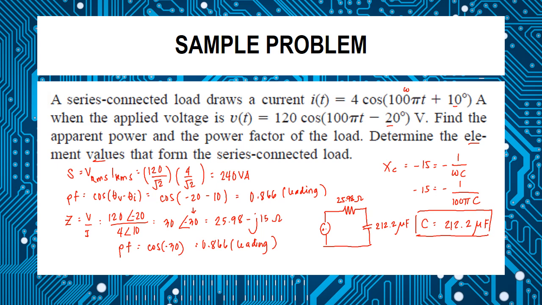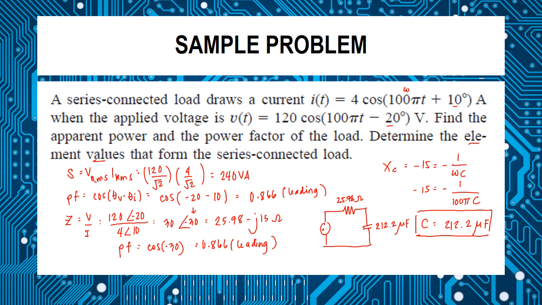So the load impedance can be modeled by a series connection of 25.98 ohms and a reactance of negative j15. So if you get the element values, we have 25.98 as the resistor, and then we get the value of the capacitor.